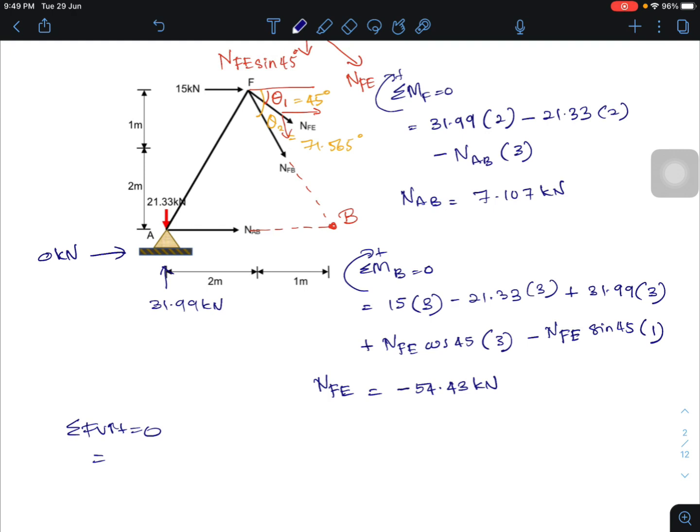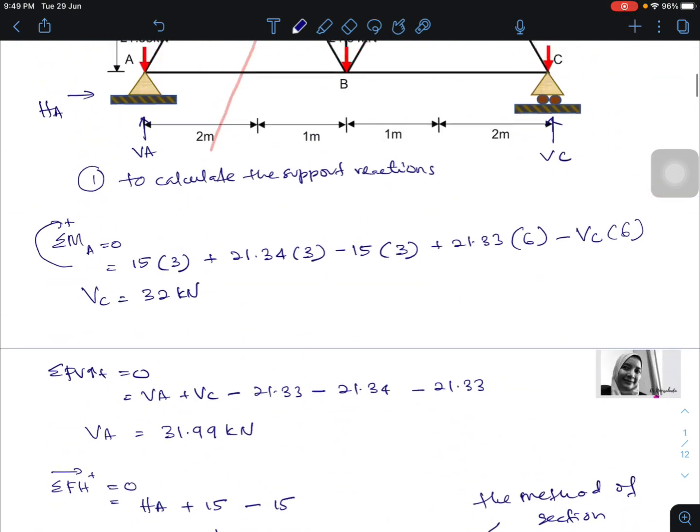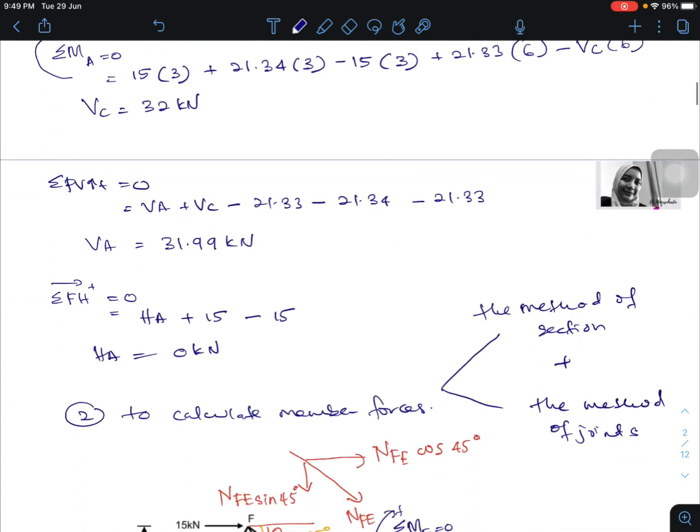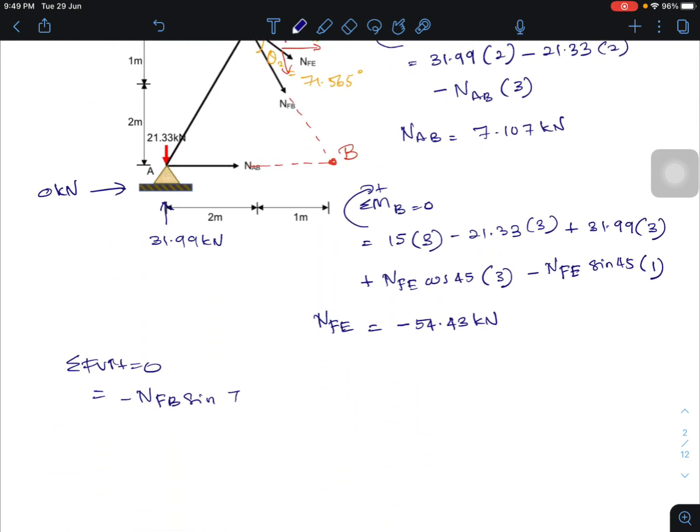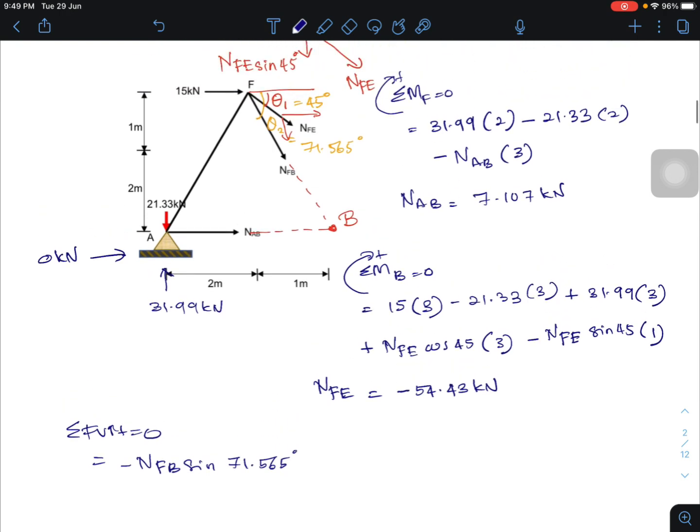Since NFB is downward direction, for the y-axis, for vertical component, NFB becomes negative, and NFB sine theta 2, in this case theta 2 is 71.565 degree, times, no need to multiply, it's already kilonewton.